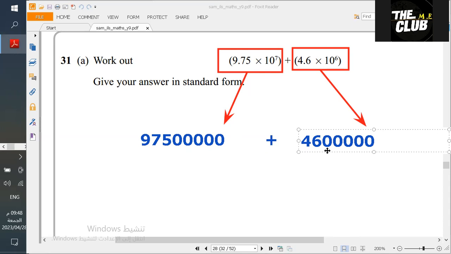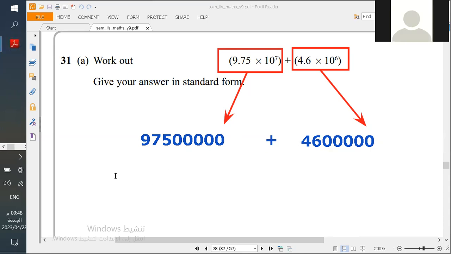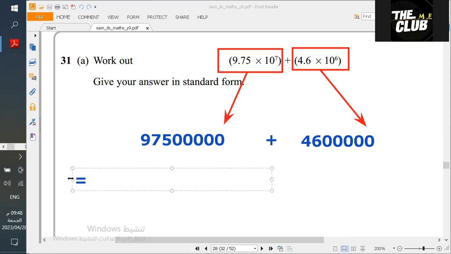46 with 5 zeros. Then we make it standard. We count from the right to the left, up to before the last number on the left. Then you'll have the answer of the addition, 1021 with 5 zeros. This is ordinary. You make it standard.